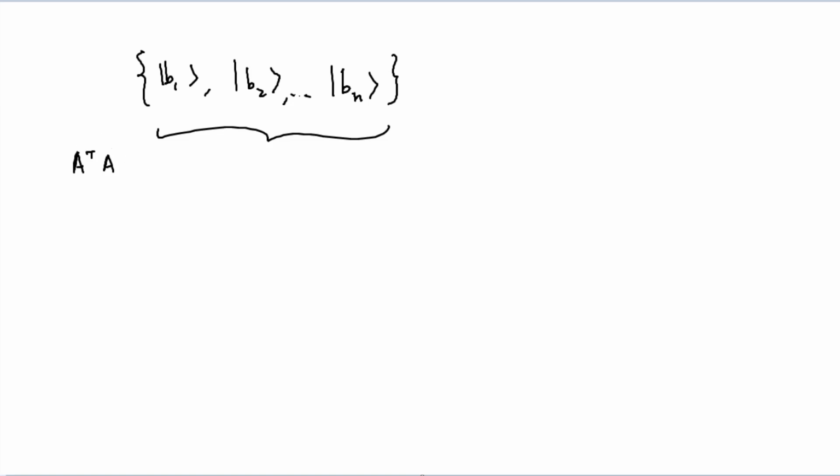So if we have some vector v here, and we want to show it as a linear combination of these basis vectors, we then know, based on this information that we have here, precisely how to do this.